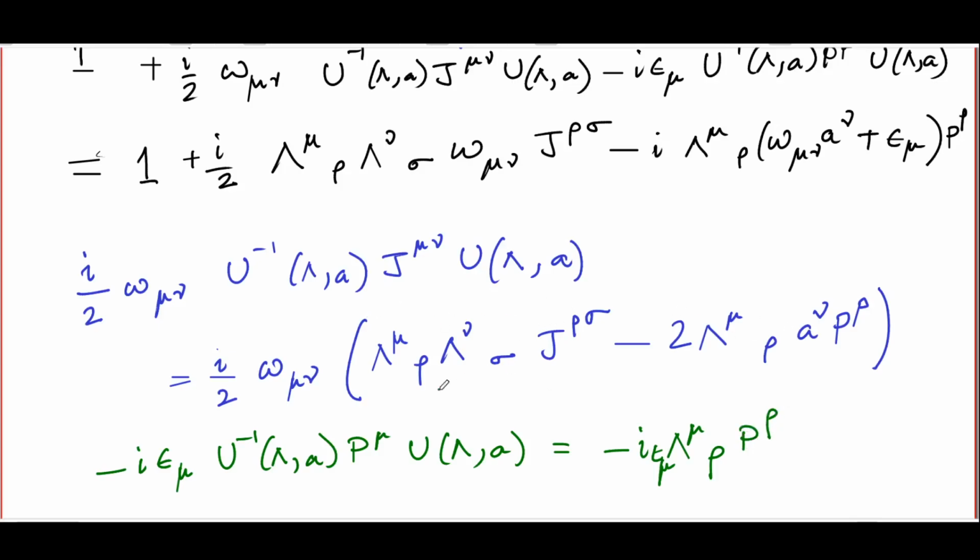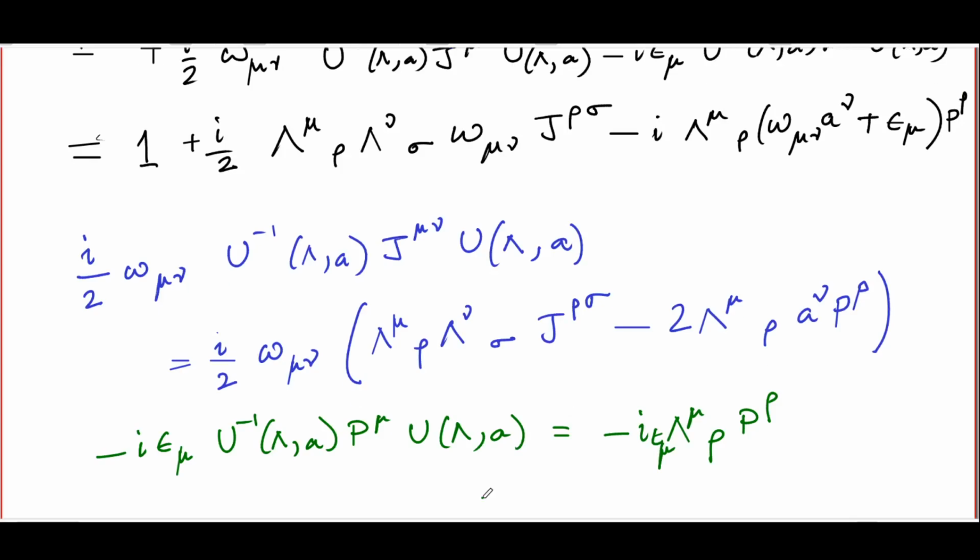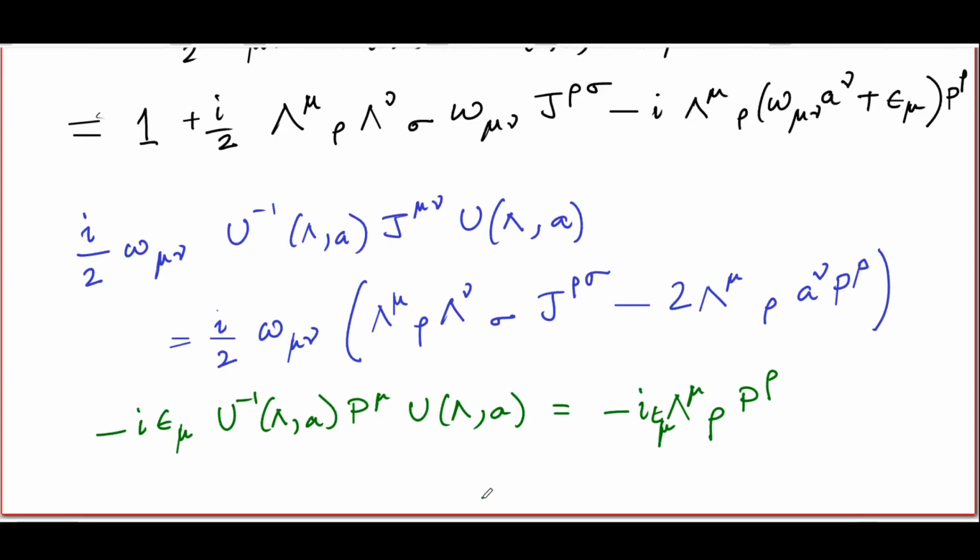So these are the two expressions that we get. From these, we should be able to figure out how J mu nu and how P mu transform under the Lorentz transformation.